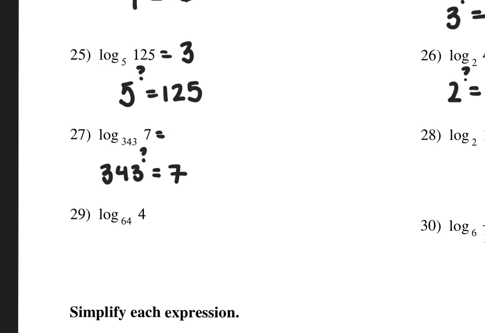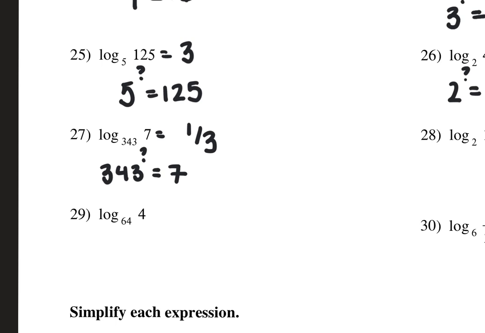Since 343 is getting smaller and it's not a fraction, that means this has some type of fraction exponent. So we can see that 7 cubed is 343. So this gives us that it should be the fraction 1/3.